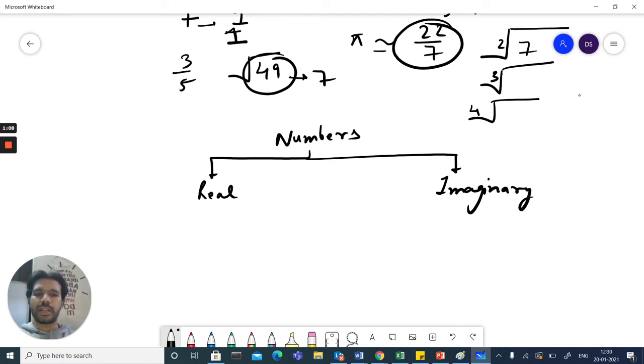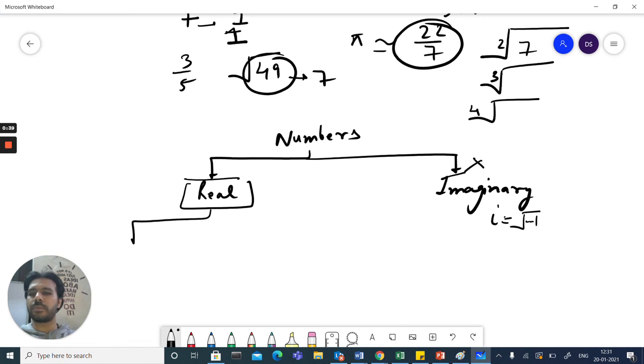So some of you might not have liked imaginary numbers either. The good news for you is CAT doesn't ask about this. CAT can only ask you one question normally, which would be around iota. What is the value of iota? Whenever CAT asks, you say it's the root of negative 1. The root of -1 becomes your iota. That's it. We have to focus on real numbers.